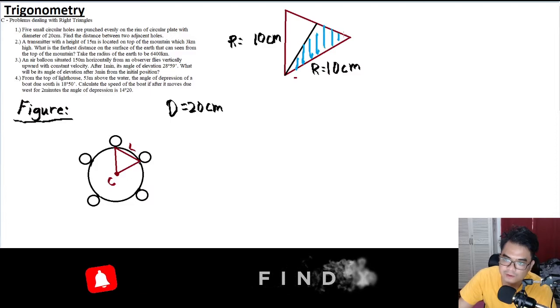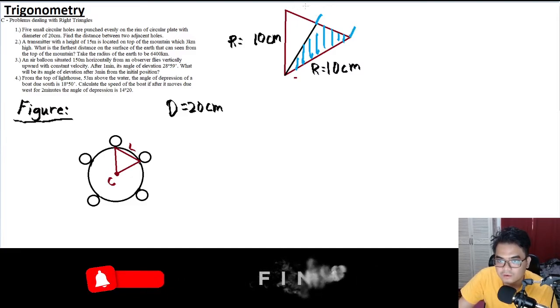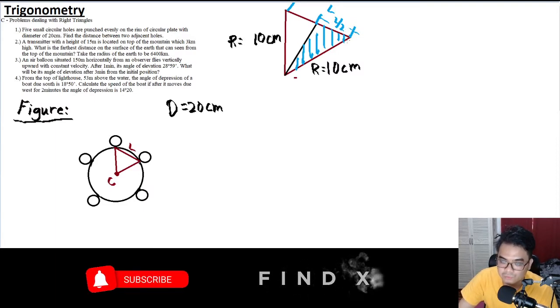So from here to here, this is L, right? And then this one, because it was cut in half, must be L over 2.